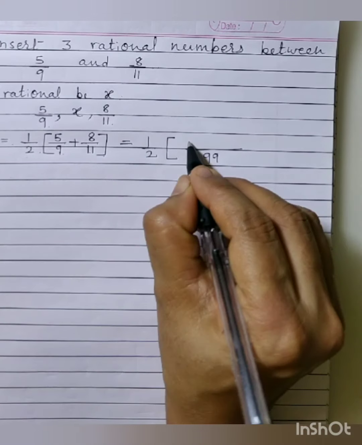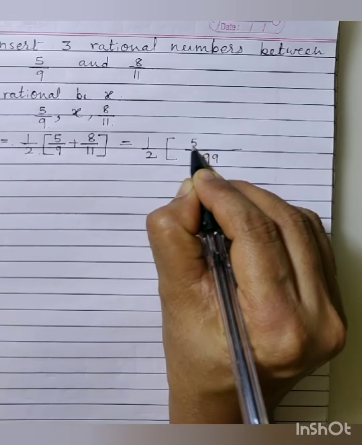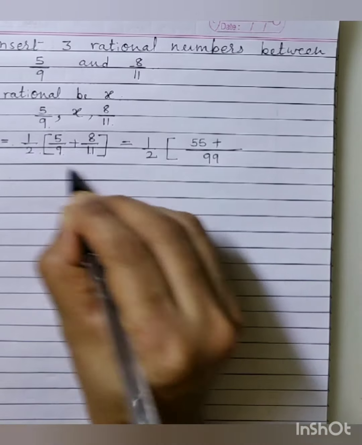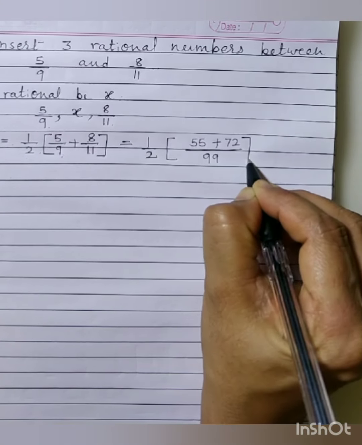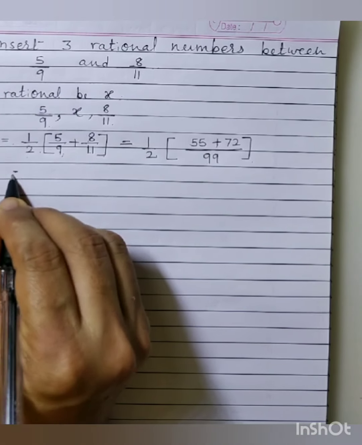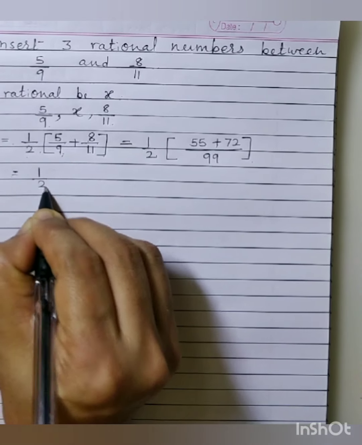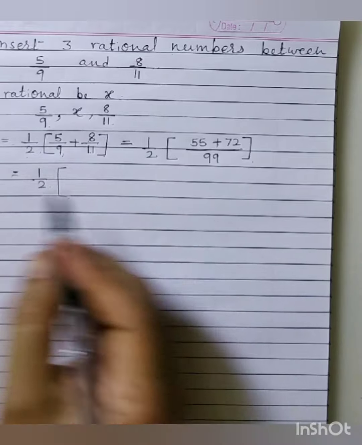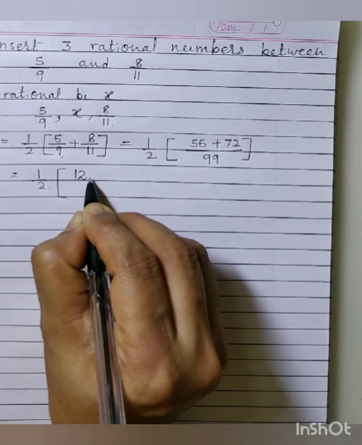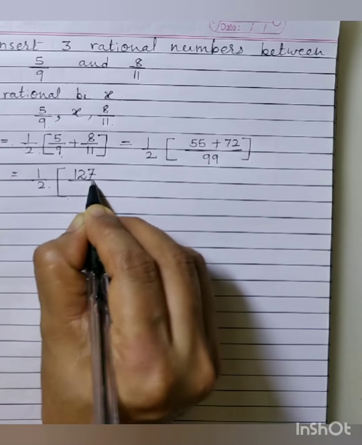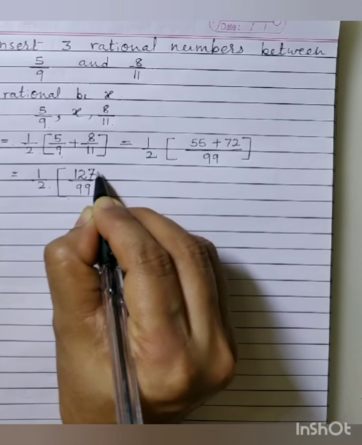So 5 is multiplied by 11, 55, plus 8 9s are 72. Okay. So you get half, add it, 127 upon 99.